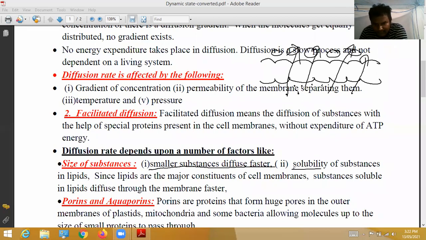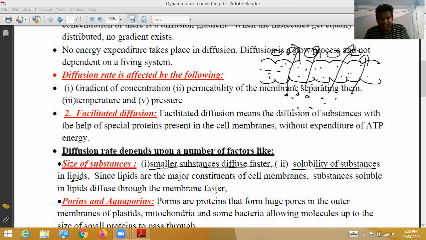Next is the solubility of substances in lipids. Whatever the smaller substances may be, those substances should be dissolved in the lipids, which the cell membranes are made of.